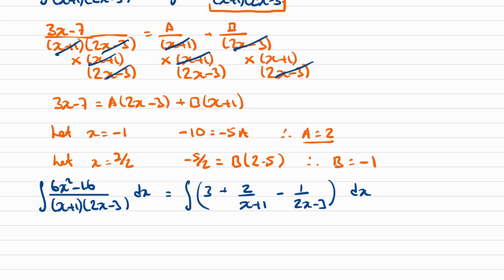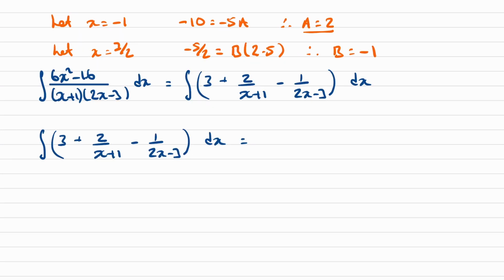And now we can integrate each of these terms separately. We'll get 3x. When you integrate the 2 over x plus 1, we get plus 2 times the natural log of x plus 1, minus, and we need to use the reverse chain rule to integrate this one.